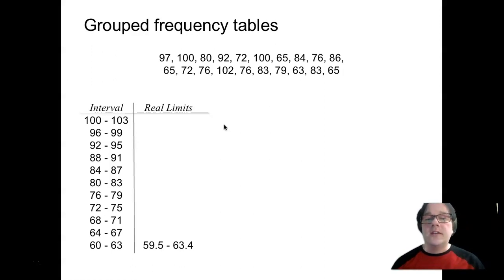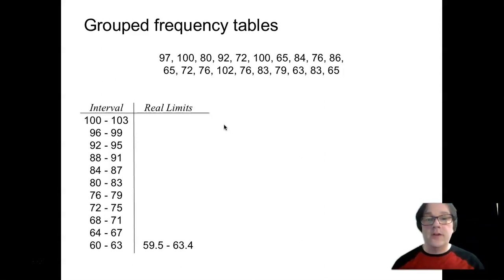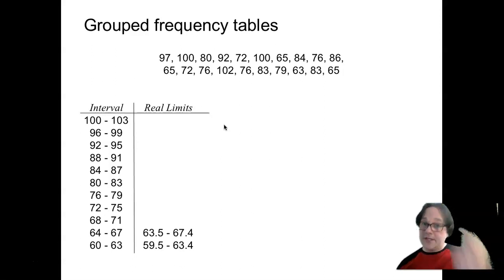So in this case, the real limit for this first interval would be 59.5, and it would end at 63.4. So what if I got a 63.5? Which interval would I go to? I would actually go to the next one. I would be rounded up and be included in that 64 to 67 interval.